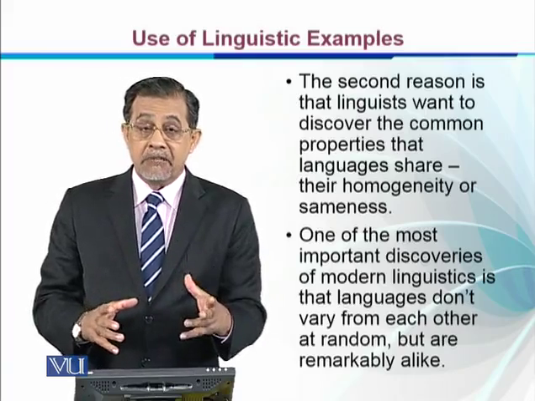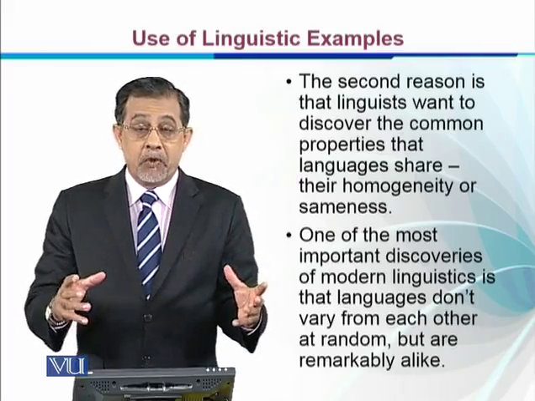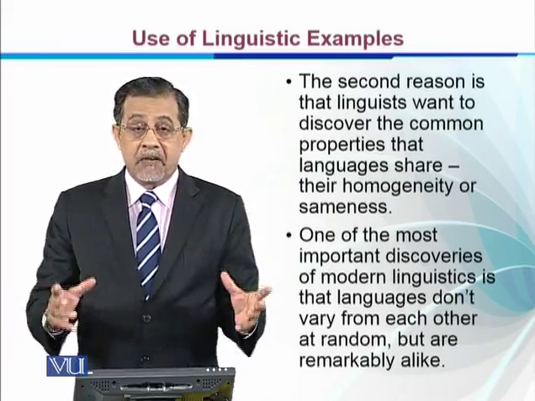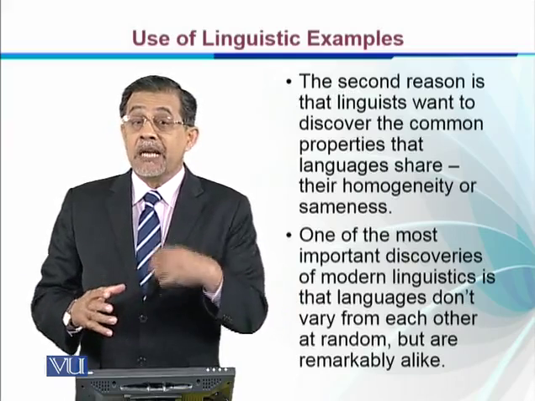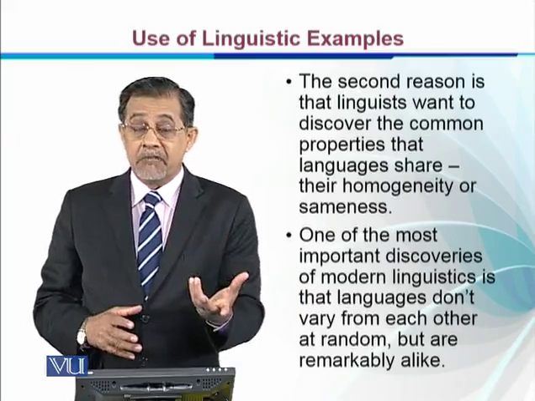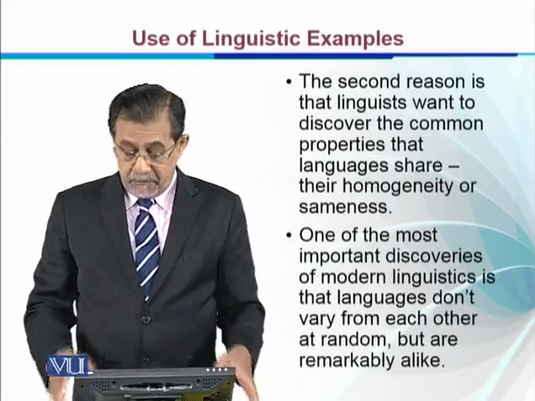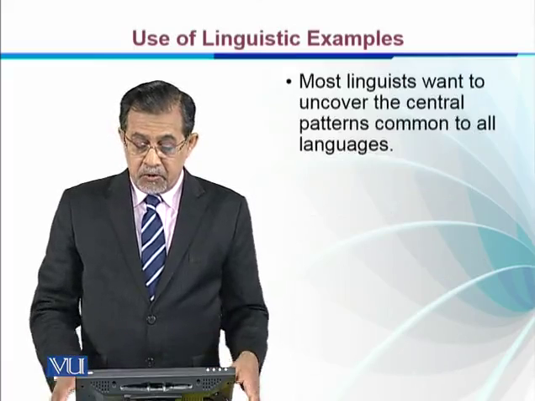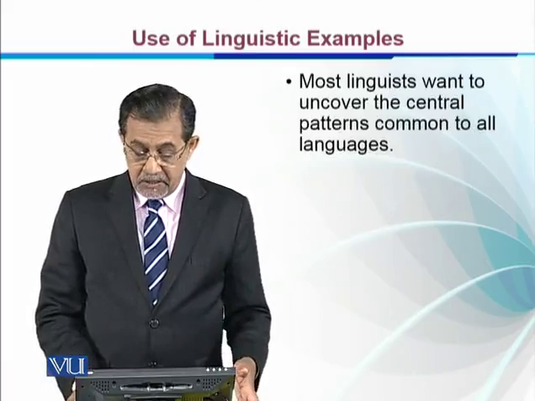We all have nouns in our languages. We all have verbs. We all make words, phrases, clauses, and sentences. So these features are found across languages. This is a remarkable understanding of human language. Most linguists want to uncover the central pattern common to all languages.